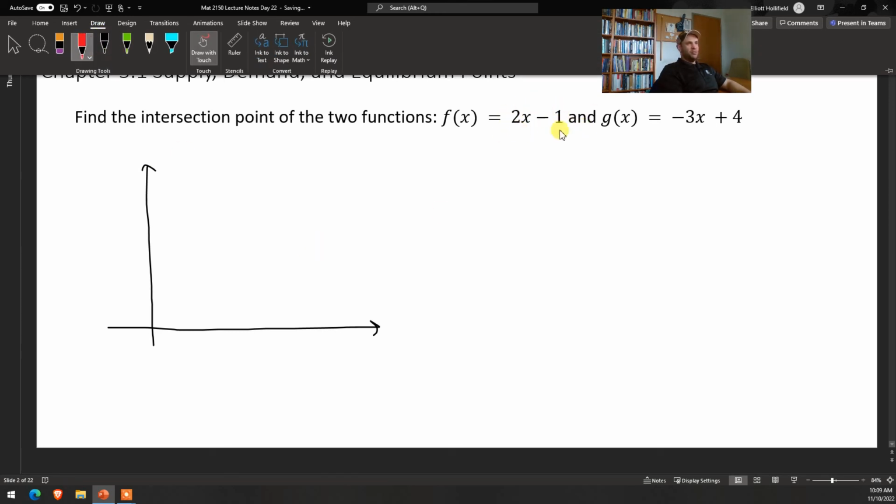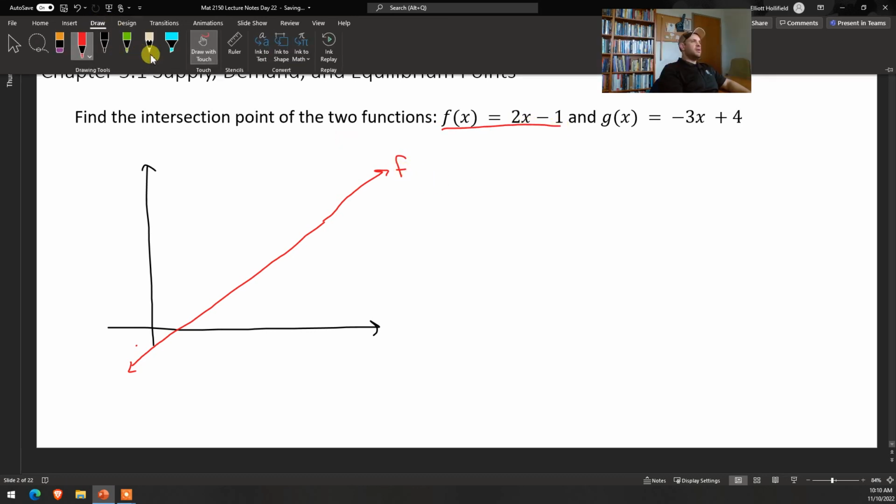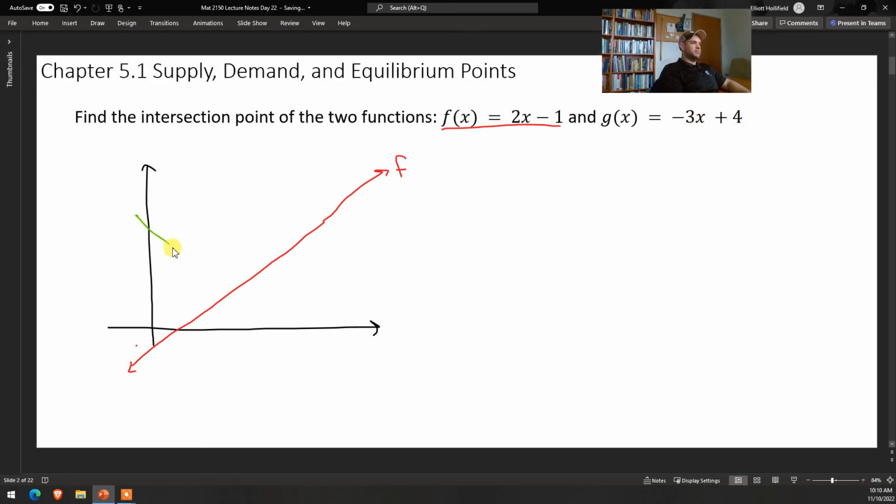The first will have a y-intercept of minus 1 and a positive slope of 2. And the second has a y-intercept of 4 and a slope of negative 3.